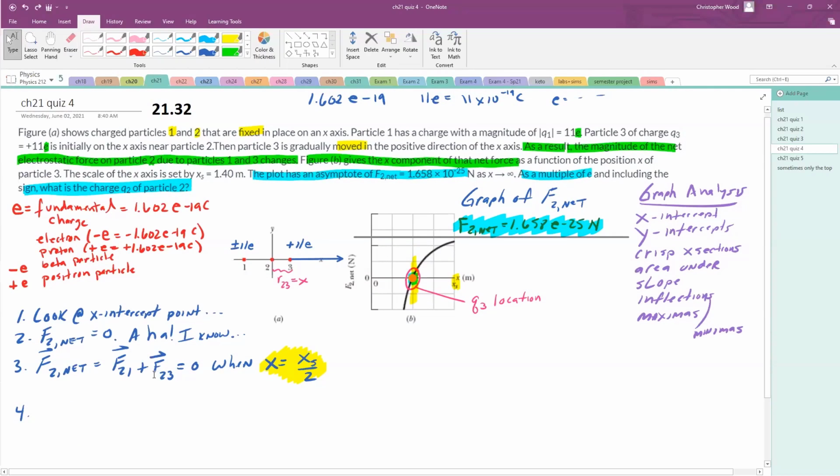Before I do step number 4, let me do vector drawings. All right. So here's particle 2, and apparently I have to have a force vector going to the right, and I have to have a force vector going to the left. That's the only way you're going to get a net force of 0.